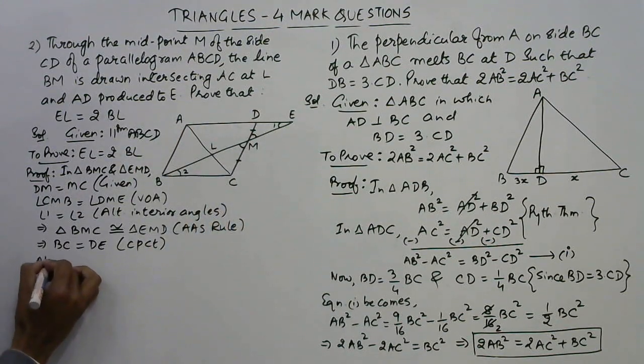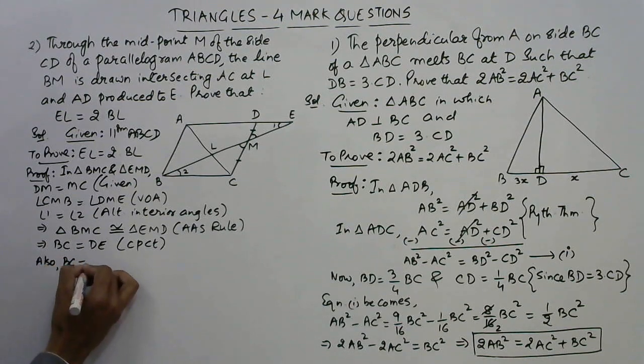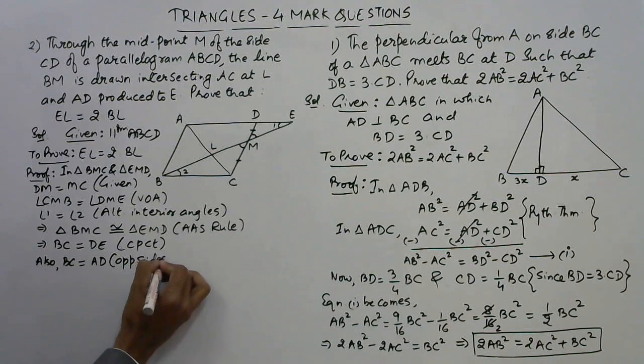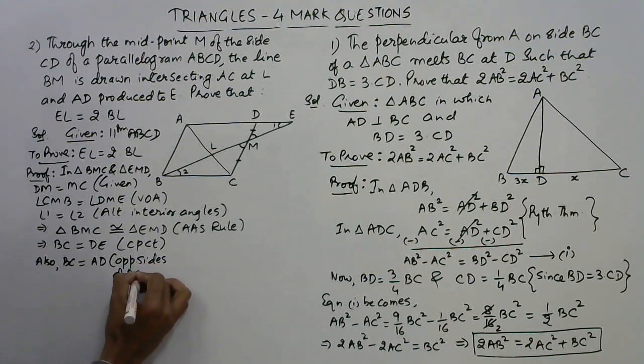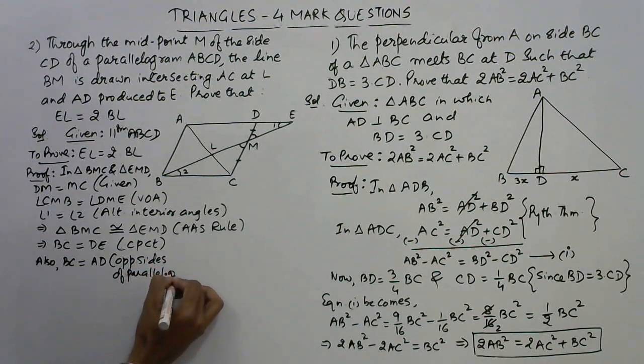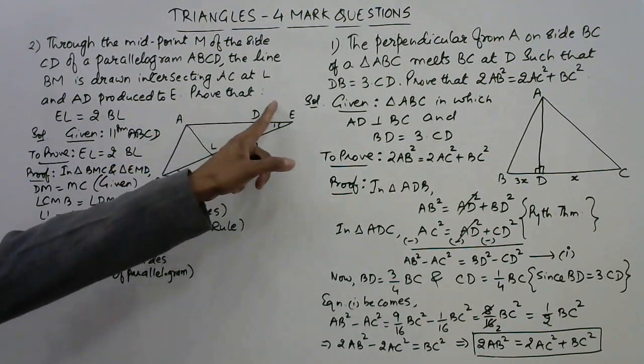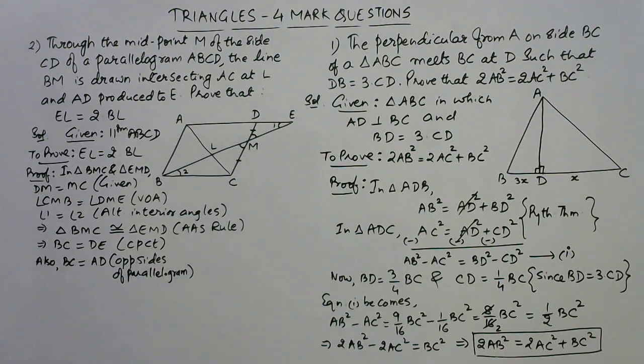So just right here also BC is equal to AD, opposite sides of parallelogram. So what do we get from these two results? Now these two results give us that AD and DE are also equal. But let's see whether we require that or not.